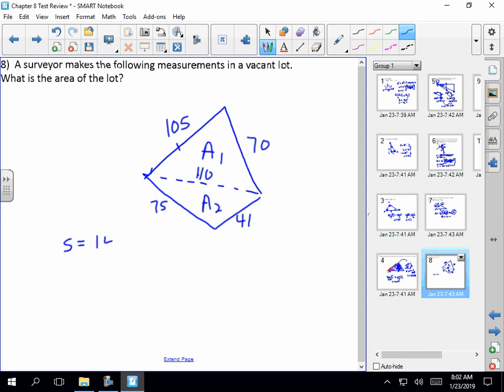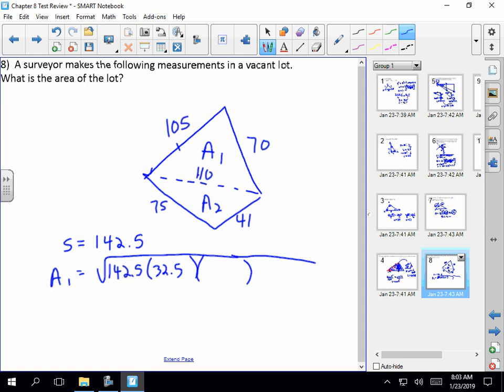So S equals 142.5. Heron's formula for A1 is going to be the square root of that semi-perimeter, 142.5, times the difference between the semi-perimeter and the 110, which is 32.5. And then the difference between the semi-perimeter and the 70 here, 142.5 minus 70, will give us 72.5.